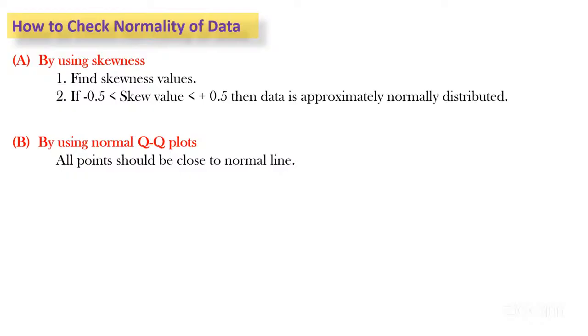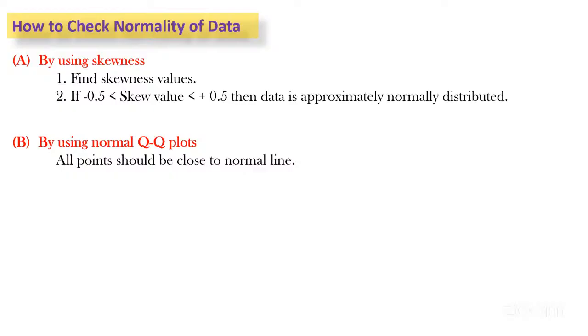Next, by QQ plot. In the last class you had already seen this. While doing the regression, we were getting this QQ plot. But it was for the regression, because it can be done after computing the residual only, right? After computing the normal probability plot.